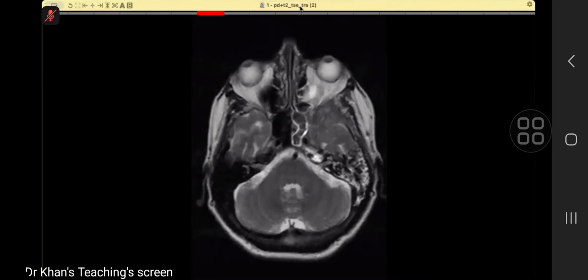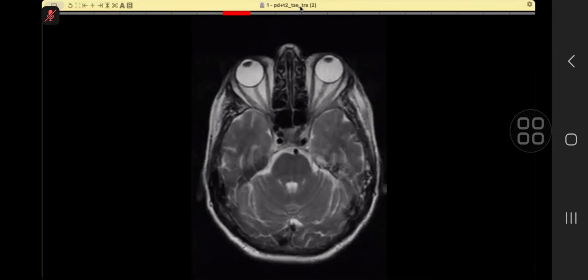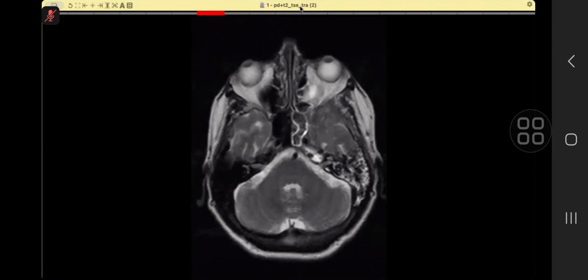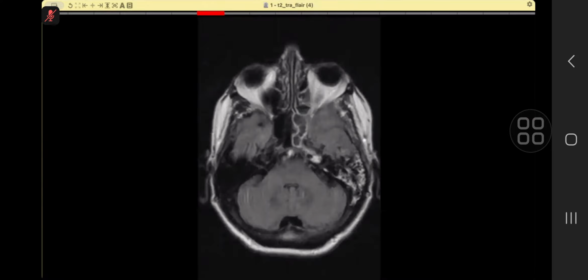Multiple T2-weighted hypointense areas are also noted in the region, and there is erosion of the petrous apex and the mastoid air cells.